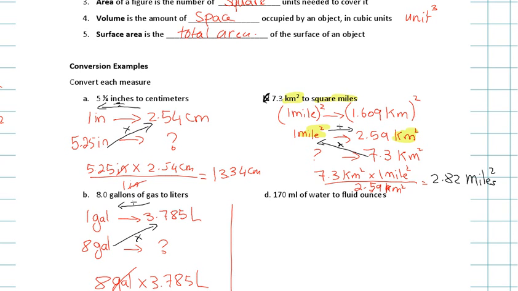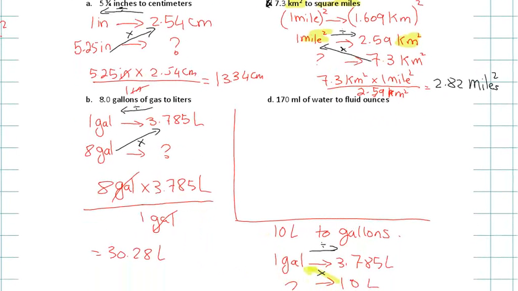There's a difference between fluid ounce and ounce, so you have to be careful. 1 fluid ounce is equal to 29.5735 milliliters.